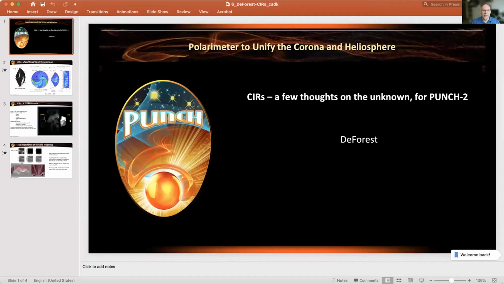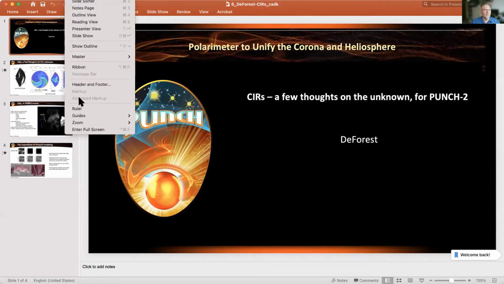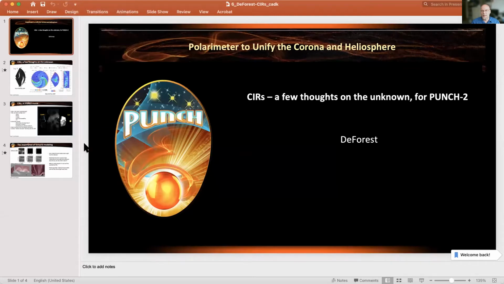All right, so while this is coming up, I'll point out so little is known about CIRs in detail. I'm kind of struck that this is, as I said at the beginning, maybe the largest discovery space available for PUNCH.